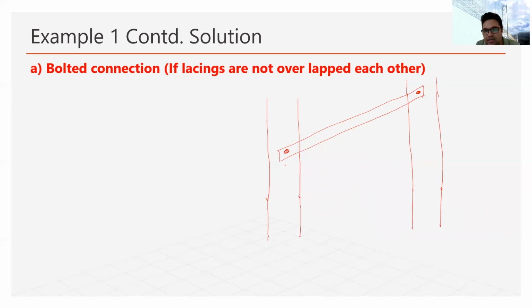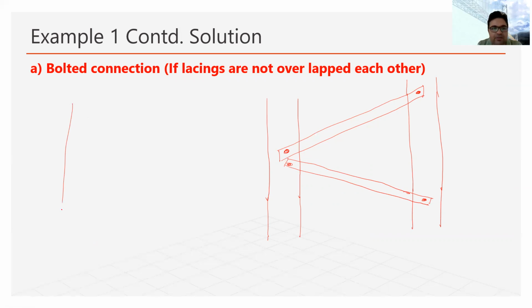The other lacing bar will be like this. It may be like this. So this will be the bolt. So this is the first case when both of these lacing bar are not overlapping on each other.